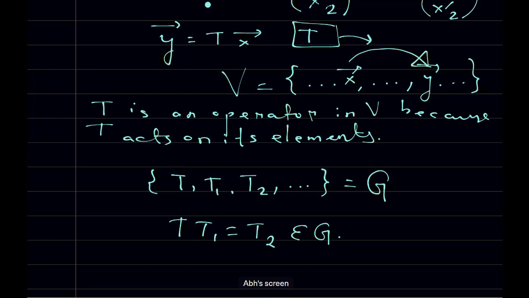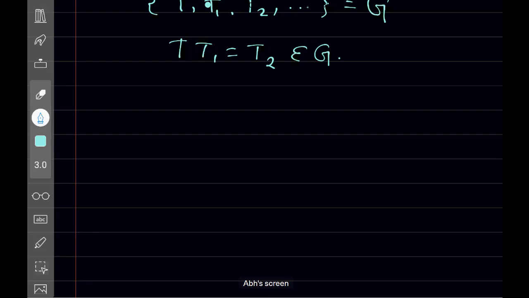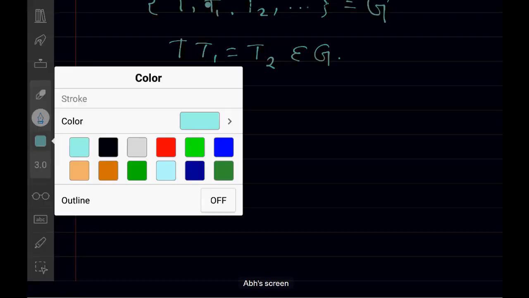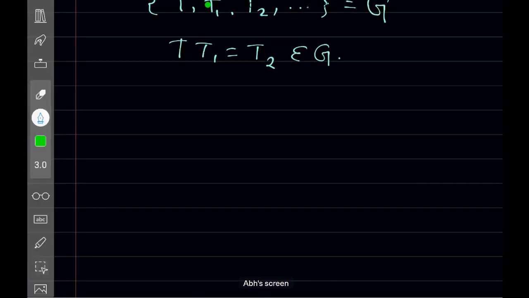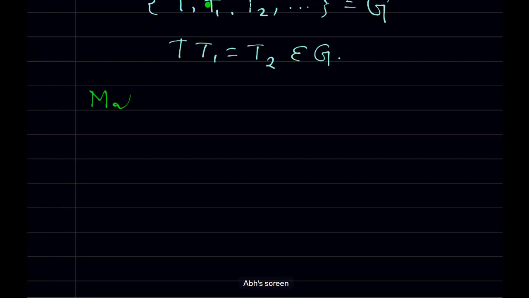Okay, next interesting thing that I would like to comment on is, what is the matrix representation of T if we are using an orthonormal basis set? Why is this important?